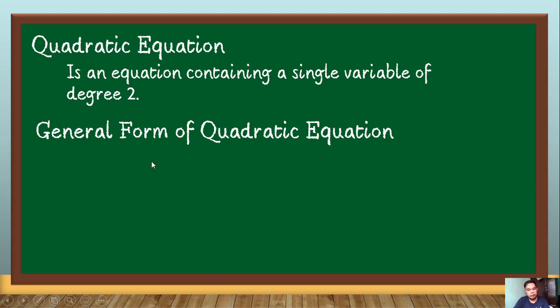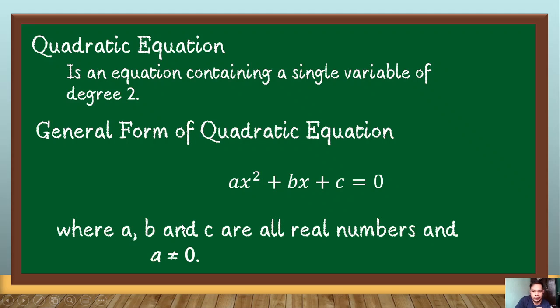The general form of quadratic equation is given as ax squared plus bx plus c equals 0. As you can see, meron tayong exponent na 2 dito sa equation na to. Where a, b, and c are all real numbers and a is not equal to 0.